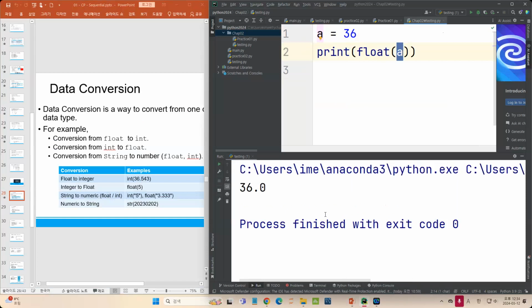Even though you may ask why, actually this is an integer, but because we convert it to float, and float is a number with a decimal point, that's why it needs the decimal, even though the decimal equals 0.